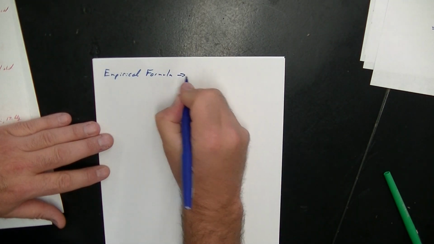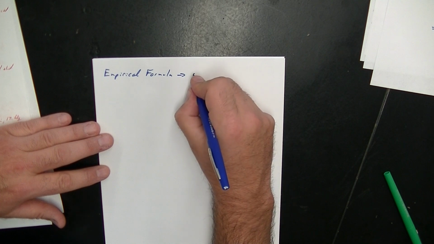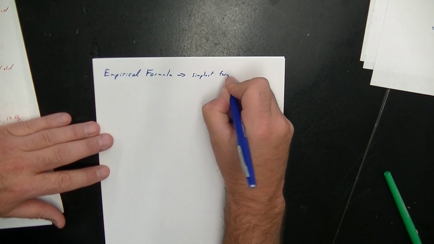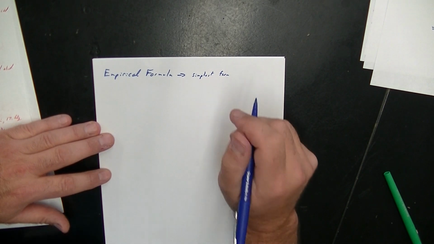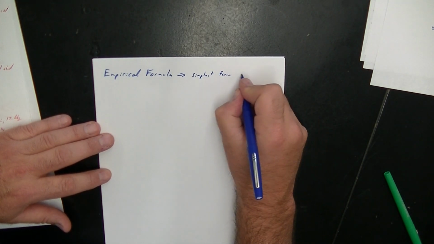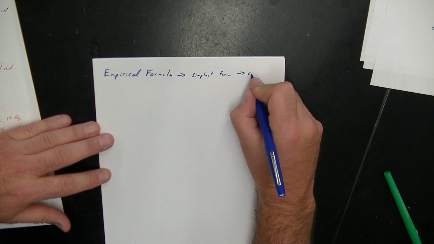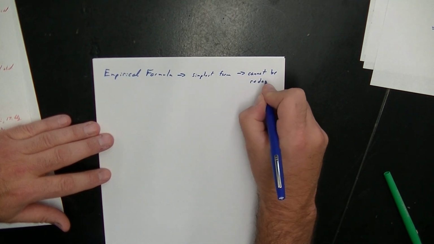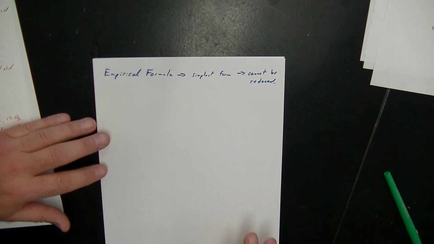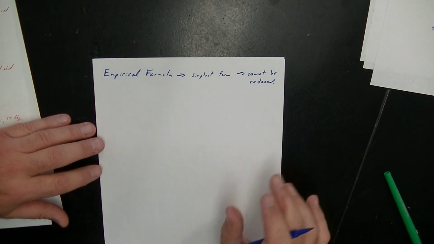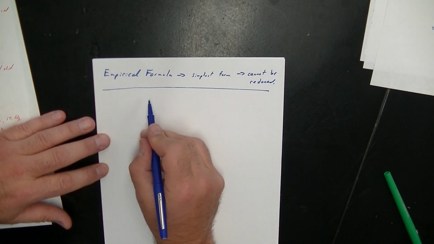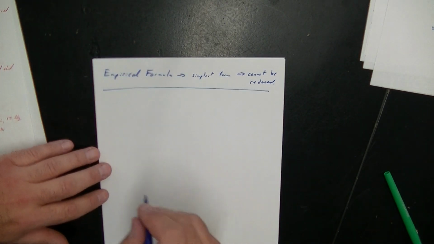So if you remember, these are our simplest form. In other words, they cannot be reduced. Well, we can actually calculate empirical formulas from the mass of its elements.